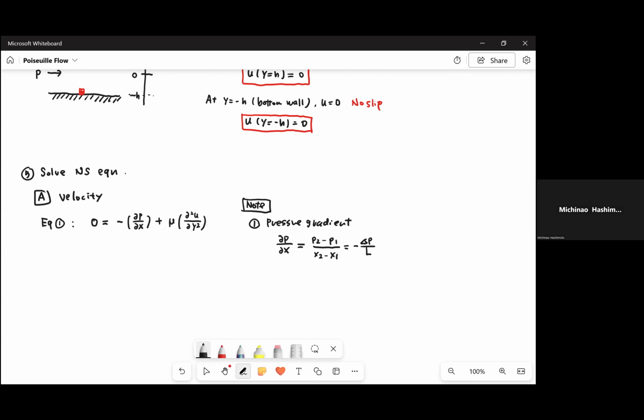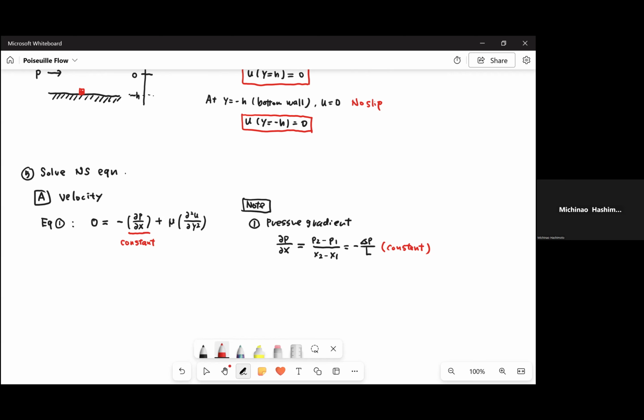The implication is that this value is a constant. It changes gradually, linearly, so this particular value here is a constant.